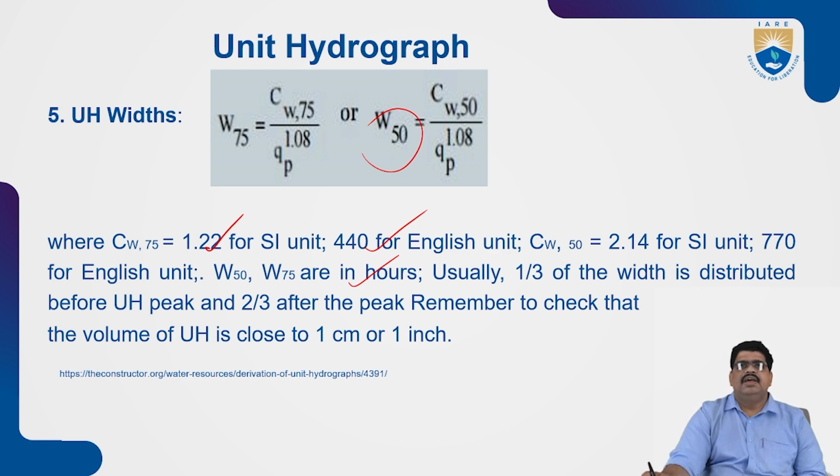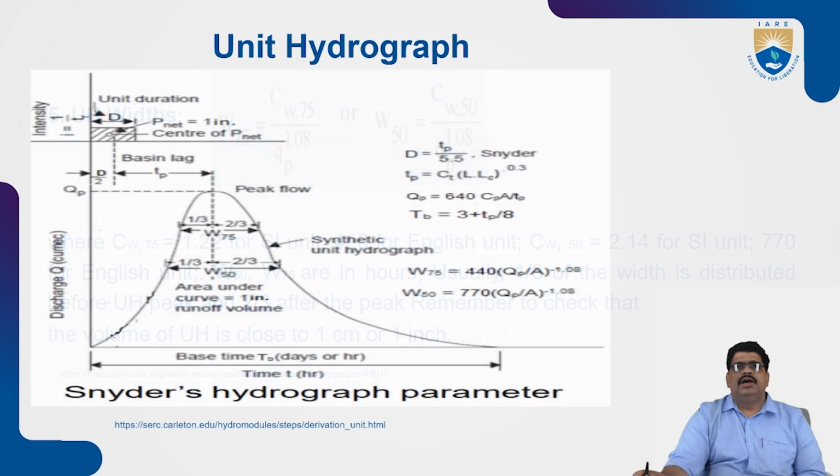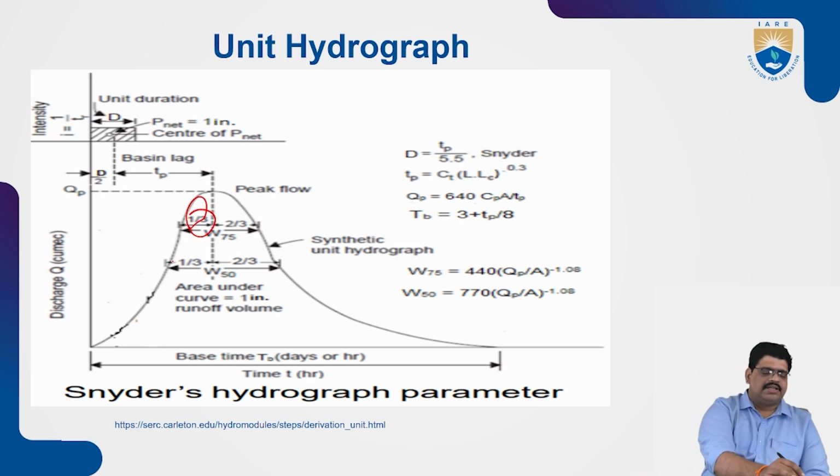So that is, let us see, W50 and W75 are the hours, the peak hours have to be considered. Usually 1/3 of the width is distributed before the peak of the unit diagram, and 2/3 after. Let us see the diagram regarding this one. So 1/3 is taken here as I have shown, and 2/3 is also given.